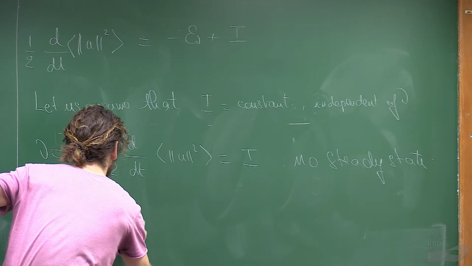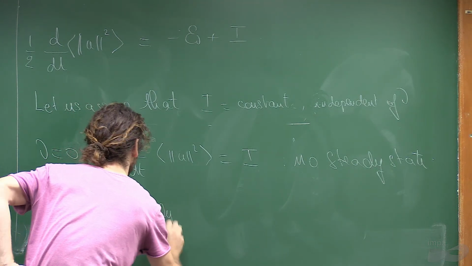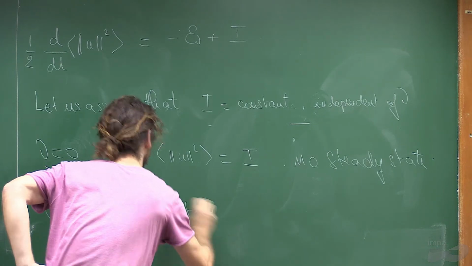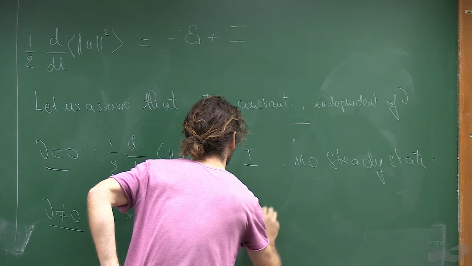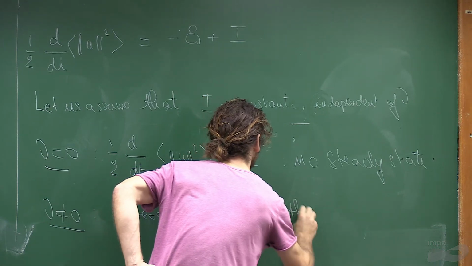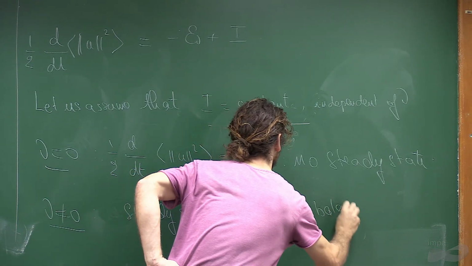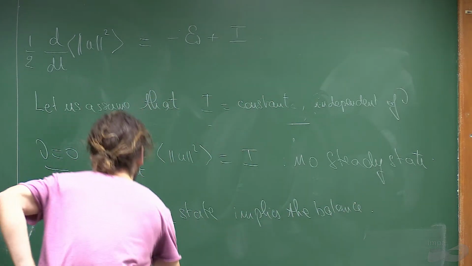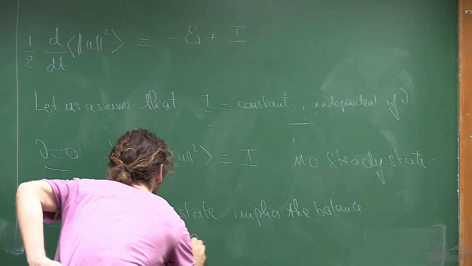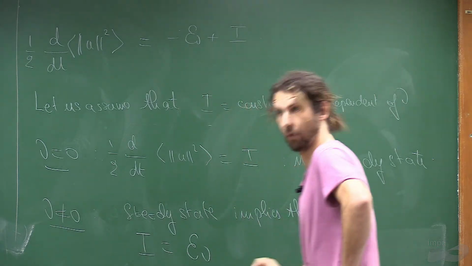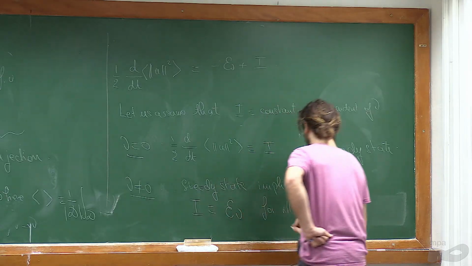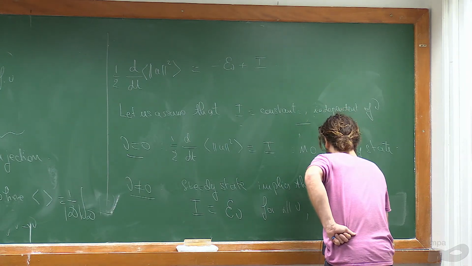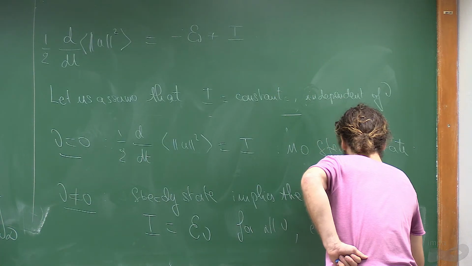A steady state implies the balance epsilon nu equal to I for all nu, even with nu goes to 0.